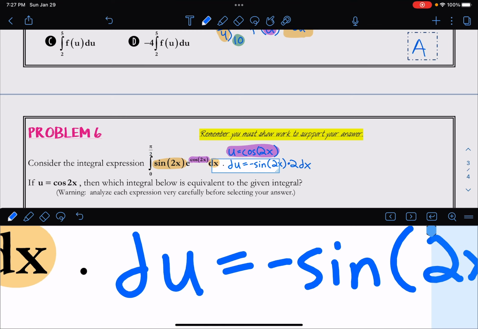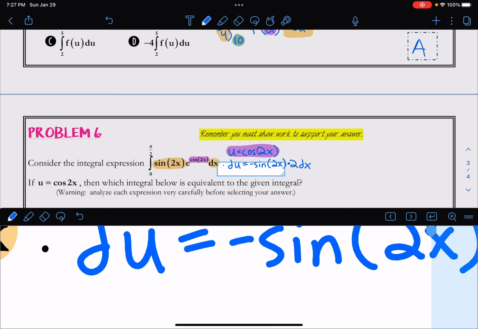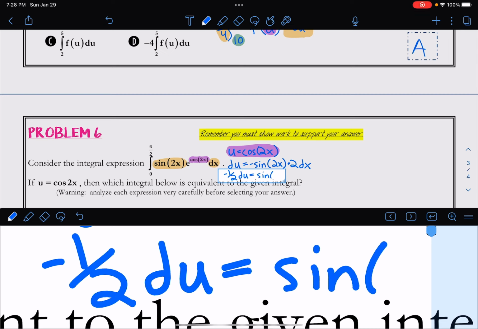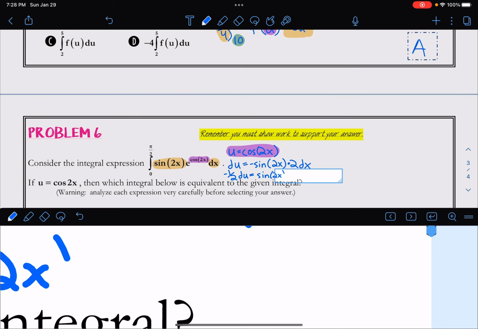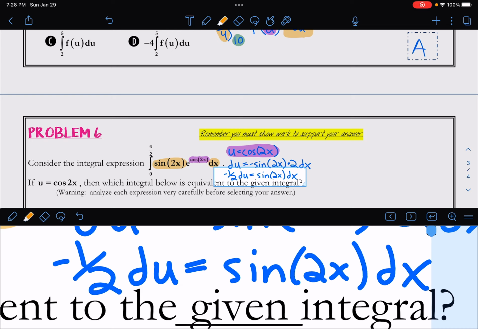So I'm going to divide the negative and the 2 over to join the du. So I'm going to write negative 1/2 du is sine of 2x dx. Sine of 2x dx is what is in my integral. The e part stays. So negative 1/2 du is equal to all of that.